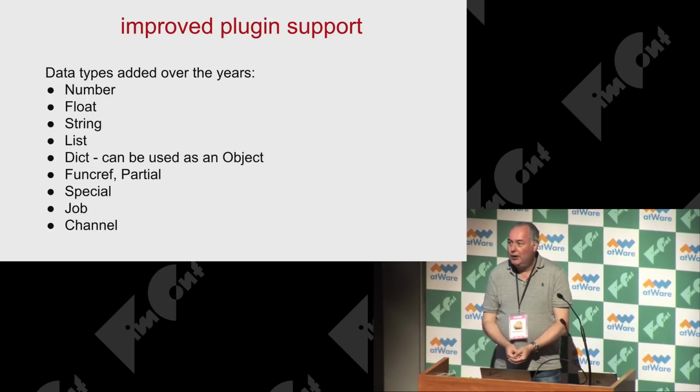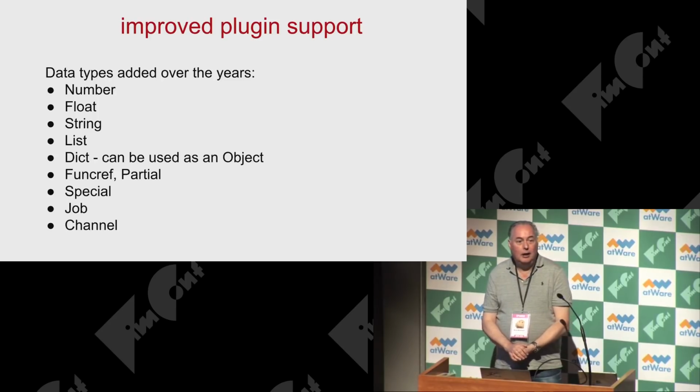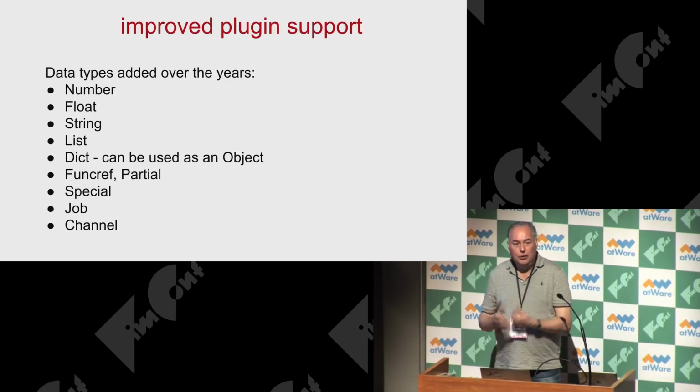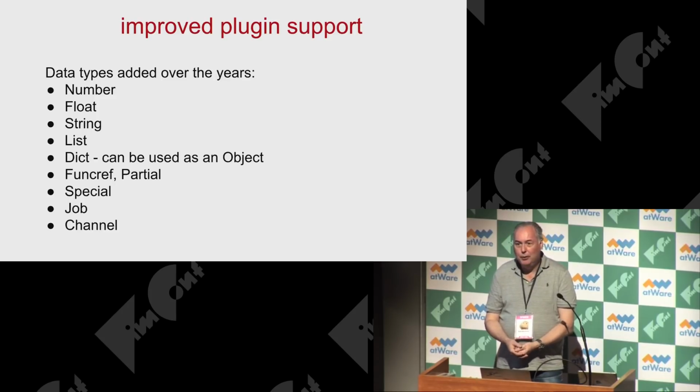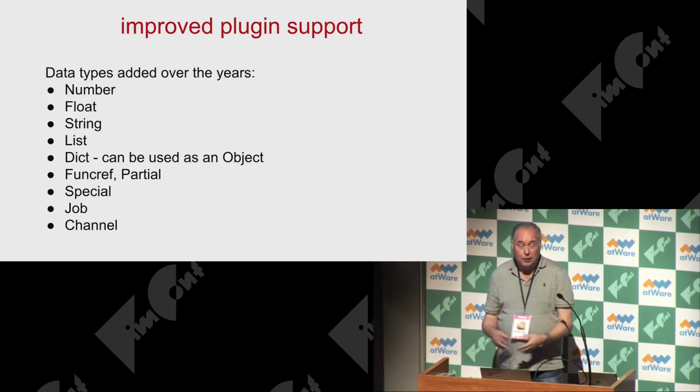The function reference and lambda that was also mentioned before, I would also call it partial because you can actually include some data with the function reference. And job and channel, of course, were added when those features were added. So those are the types of variables and data that you can use.